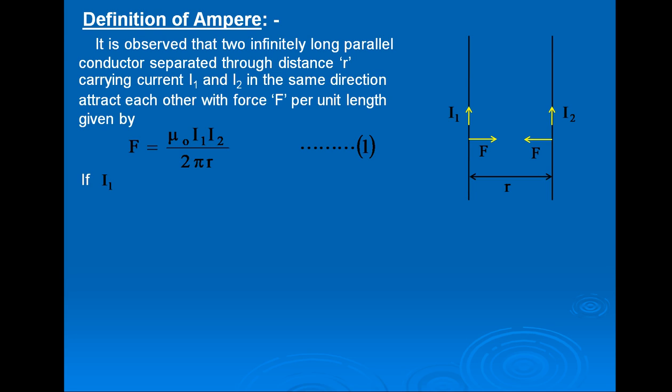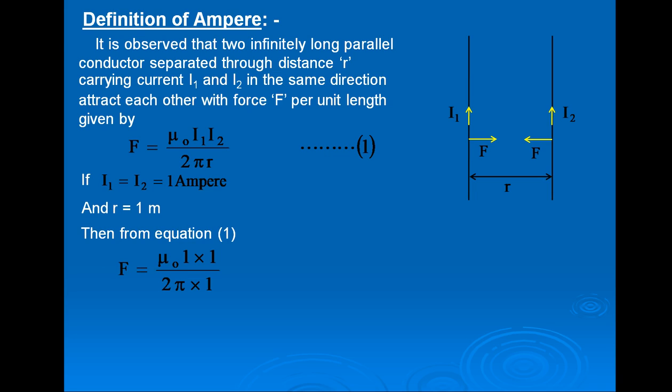If I1 = I2 = 1 ampere and r = 1 meter, then from equation 1, F = mu naught x 1 x 1 / (2 pi x 1) = mu naught / 2 pi = 4 pi x 10^-7 / 2 pi, because the value of mu naught is 4 pi x 10^-7.